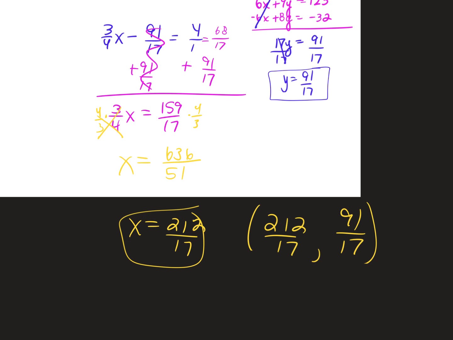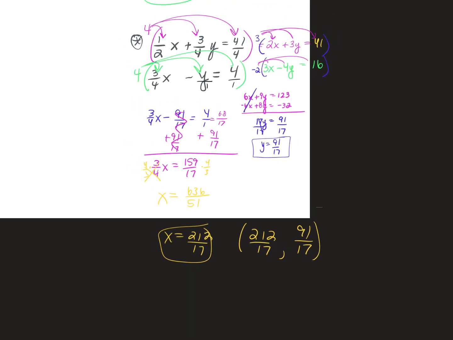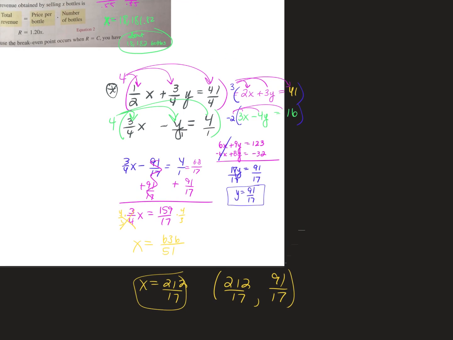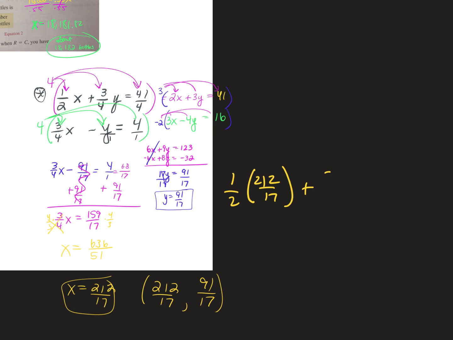Okay. So then what would we do with that to make sure that we were correct? Plug it back in. Now, in a case like this, you guys would have a calculator. That would waste a lot of time. But you would just plug it back in. You'd say 1/2 times 212 over 17 plus 3/4 times 91 over 17.